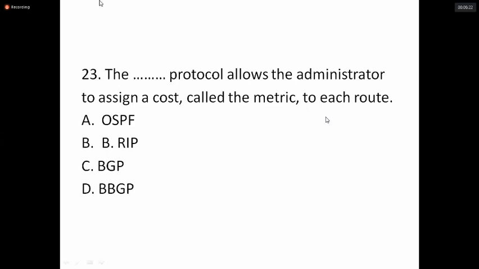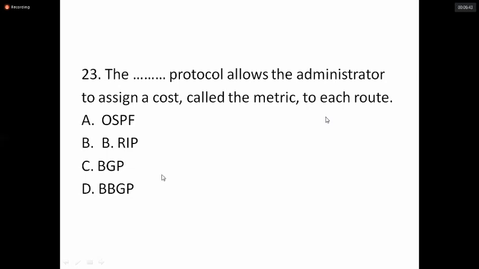Yes, are you people there? RIP protocol, ma'am.